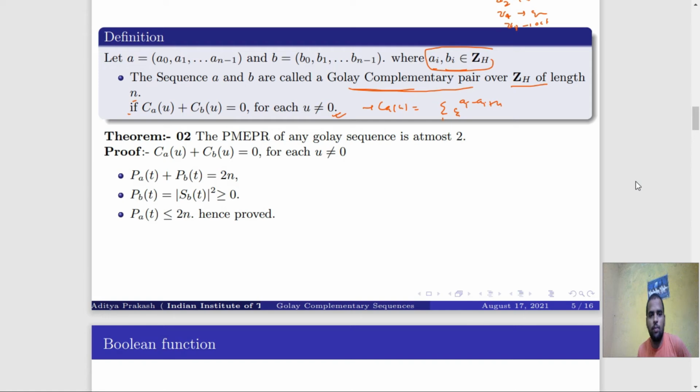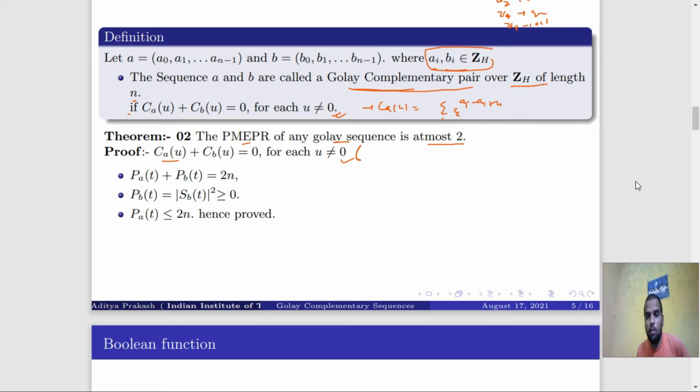Now a little more about the Golay sequence, the theorem: the PMEPR, peak-to-mean envelope power ratio, of any Golay sequence is at most 2. How can we show this, how to prove it? We know that because it is a Golay sequence, the definition is C_A(u) plus C_B(u) is equal to 0 for each u not equal to 0.